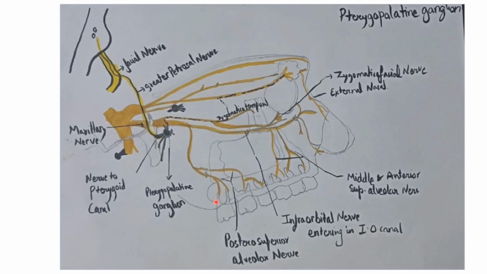Now the sympathetic root. The sympathetic root arises from the deep petrosal nerve. As I have told you, here is the internal carotid artery, right? The plexus around the internal carotid gives postganglionic sympathetic fibers to the pterygopalatine ganglion, right?